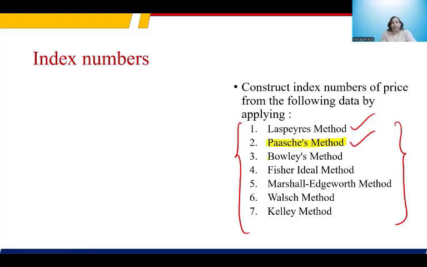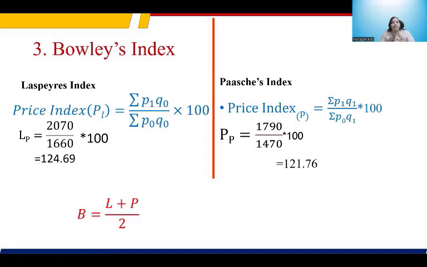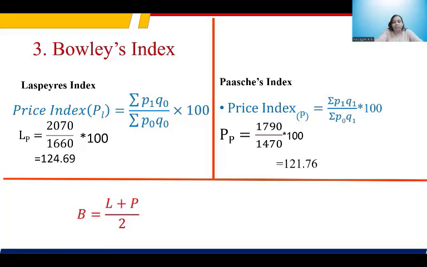Let's go ahead and calculate Bowley's method. Bowley's method is extremely easy. It is just an average of Laspeyres and Paasche price index. All of you please check in. Do you have the same calculation on your notebook? If the answer is yes, then we can proceed.